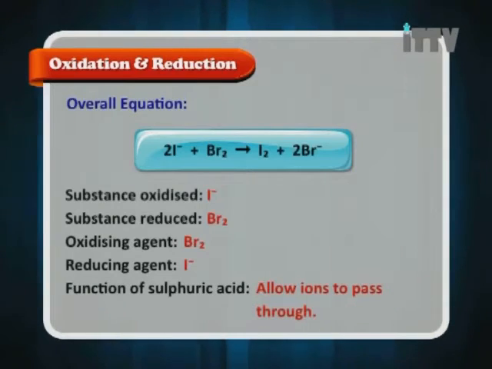And the substance oxidized in this case is iodide ions, while the substance reduced would be the bromine molecule. Oxidizing agent is the bromine molecule and reducing agent is the iodide ion. The function of sulfuric acid is to allow ions to pass through.